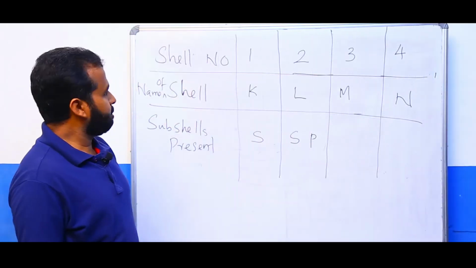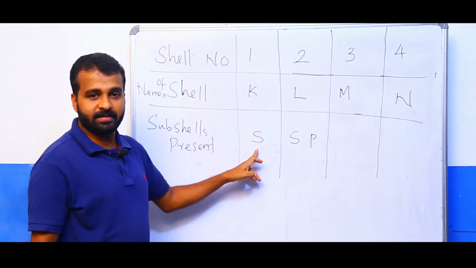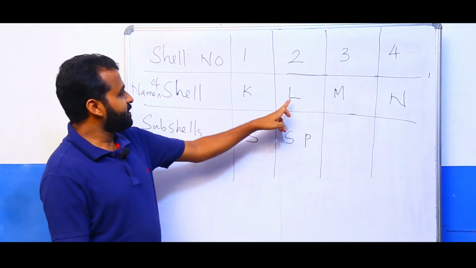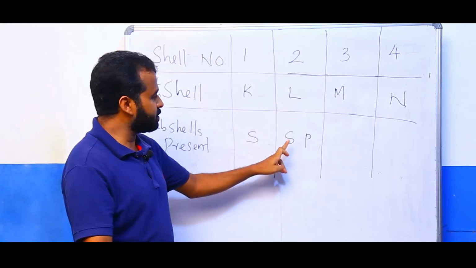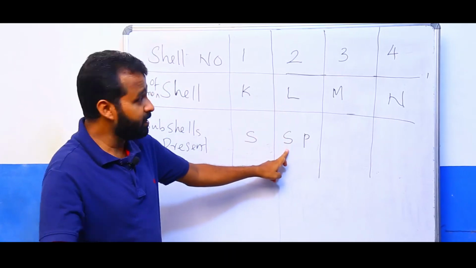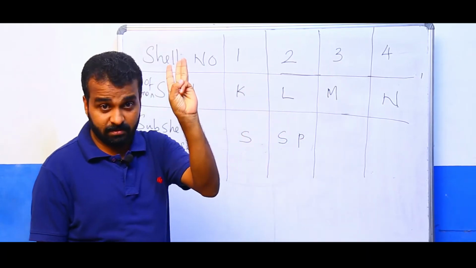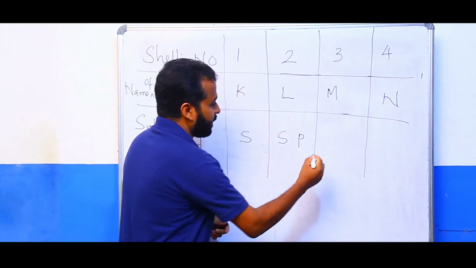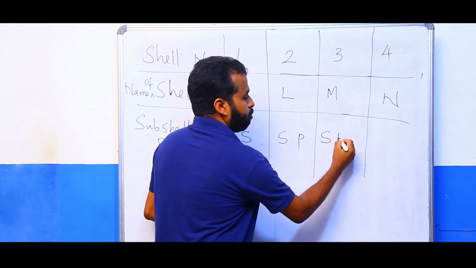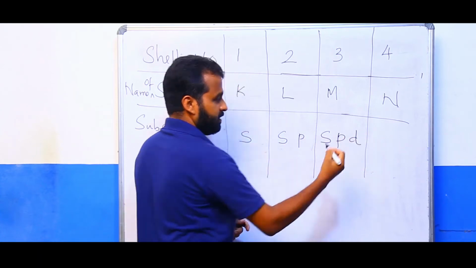So first shell has a subshell known as S. Second shell has two subshells, S and P. And third shell M has three subshells, which are S, P and D.